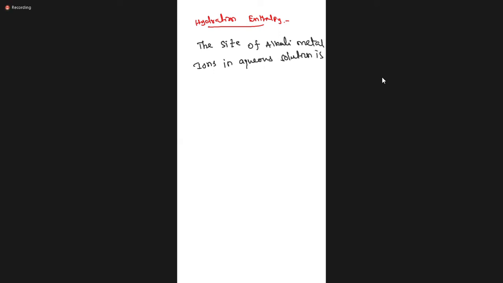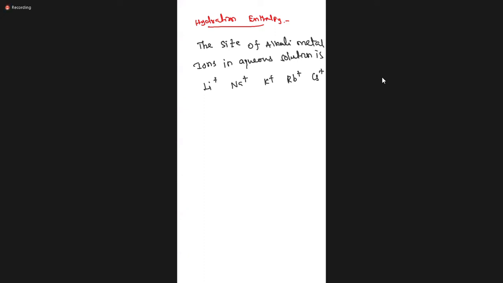Please note this one, it is most important. Hydration enthalpy. In this, the first point you need to remember is the size of alkali metal ions in aqueous solution: Li+, Na+, K+, Rb+ and Cs+.